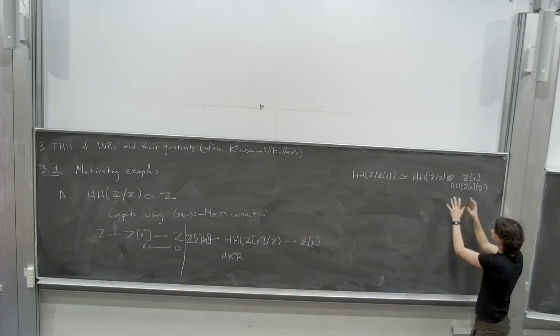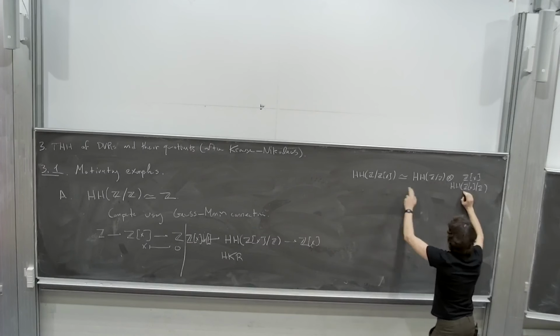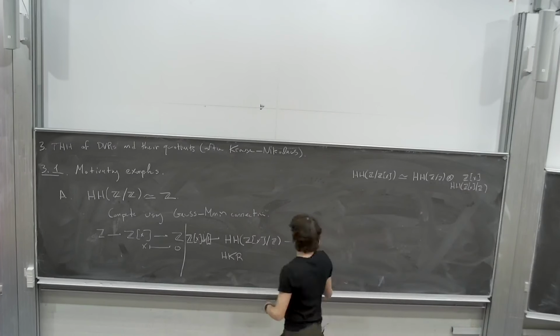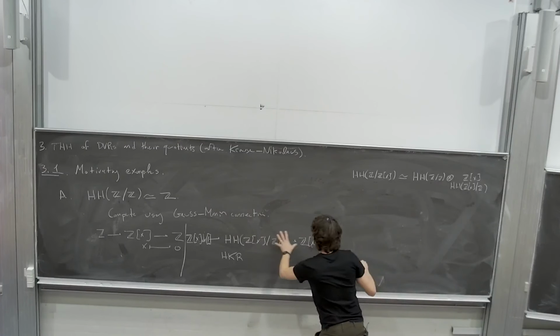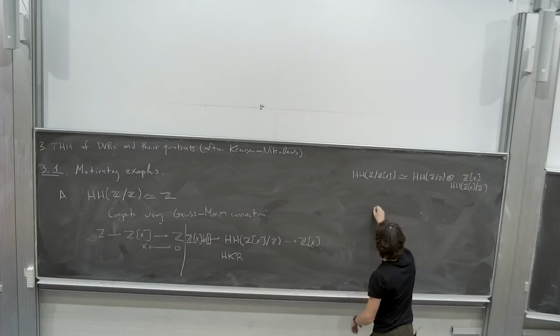The functoriality of Hochschild homology means this is a module over this, and this relative Hochschild homology ends up being this tensor product. And so what I can do is tensor the Hochschild homology of Z with itself with this fiber sequence, and I get a fiber sequence that looks like this.